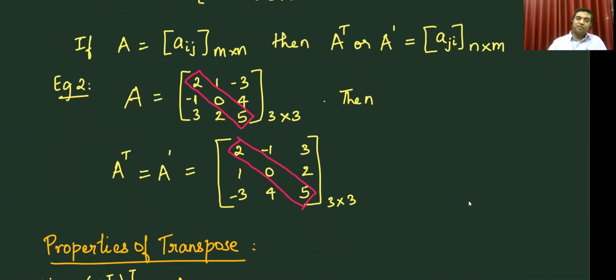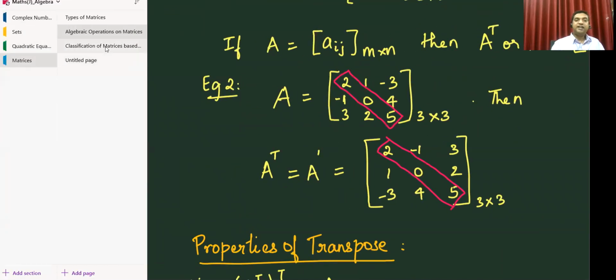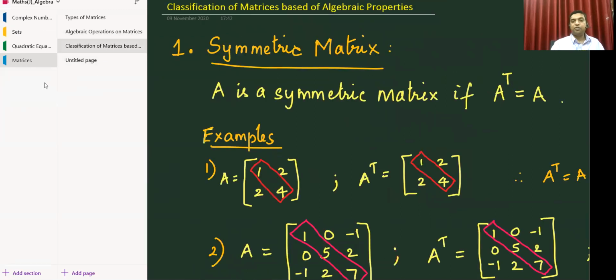However, for the principal diagonal elements, the term is Aii: A11, A22, A33. When you transpose it, the transpose will again be Aii, at the same location. So the diagonal elements will not change their location during a transpose.